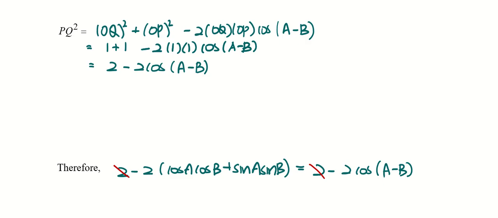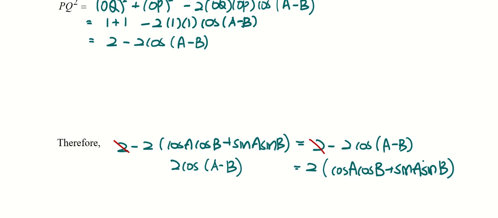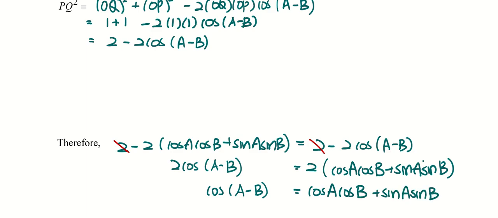You get 2 cosine A minus B is going to be 2 times cosine A cosine B plus sine A sine B. Now eliminate the 2, and you get your addition formula for cosine: cosine A minus B equals cos A cos B plus sine A sine B.